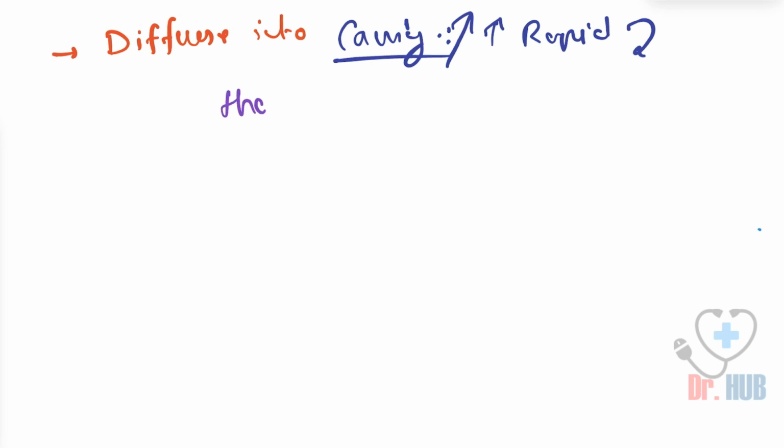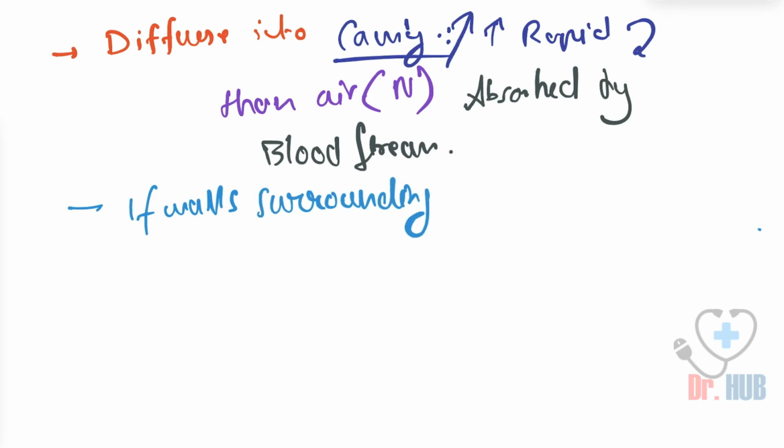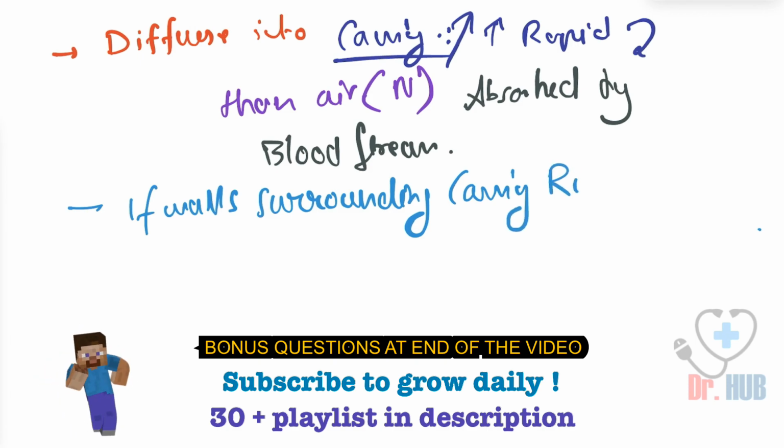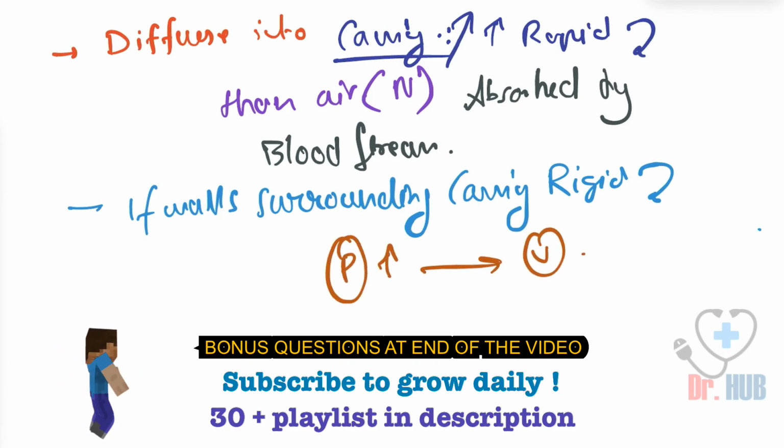Air here means nitrogen, and it can be absorbed by the bloodstream. Next, if the walls surrounding the cavity are rigid, the pressure rises instead of the volume.